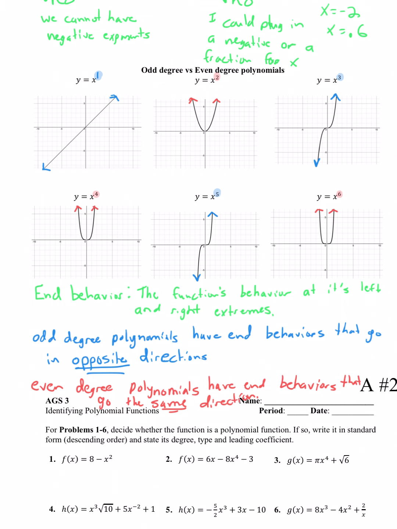Today, all we see on the even degrees is both sides going up. Left side's going up, right side's going up. What we're going to start looking at in class is that some even degree polynomials have both going down, which is fine. Some have both going up, some both going down, but they're always going to be going in the same direction. So that's the key for what's called end behavior, and we're going to practice that.